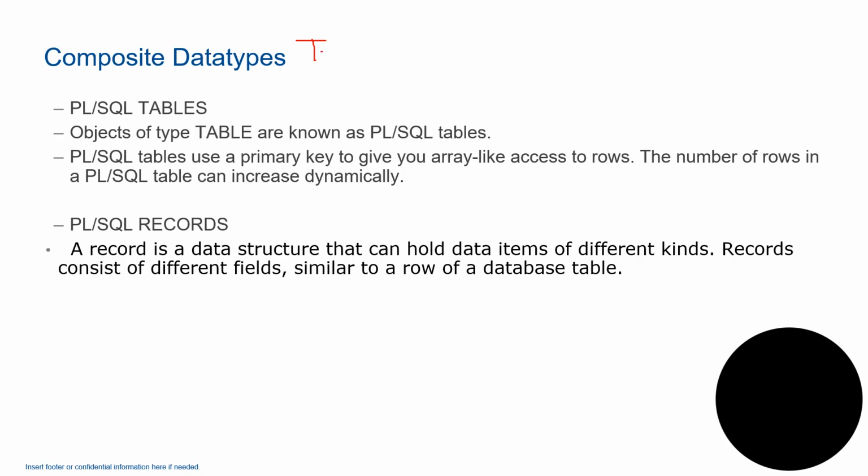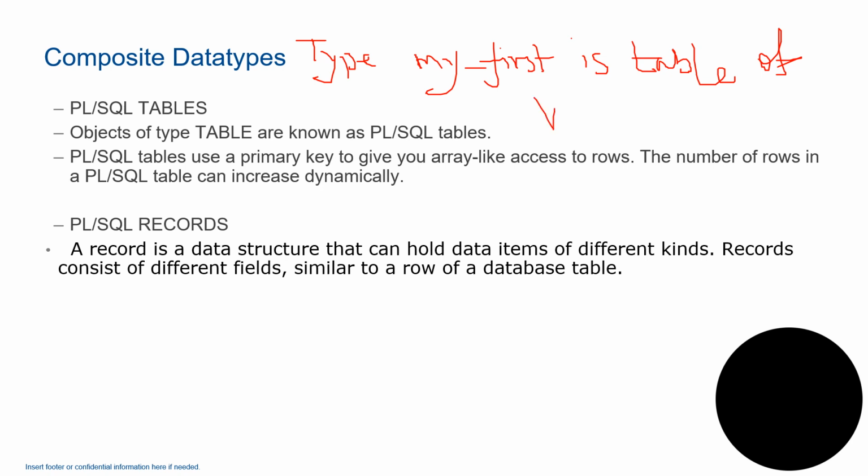So this is the syntax, basically: type my_first is table of varchar2.